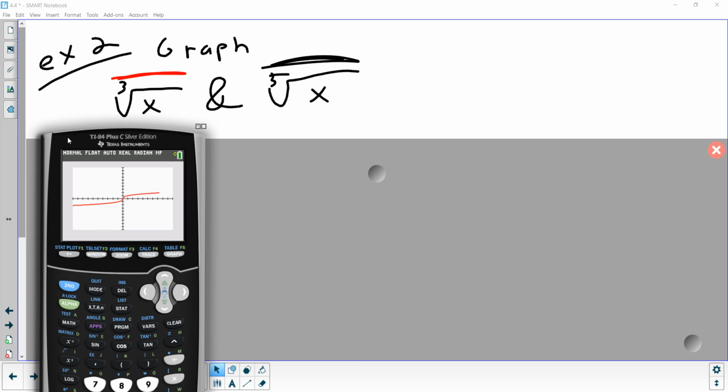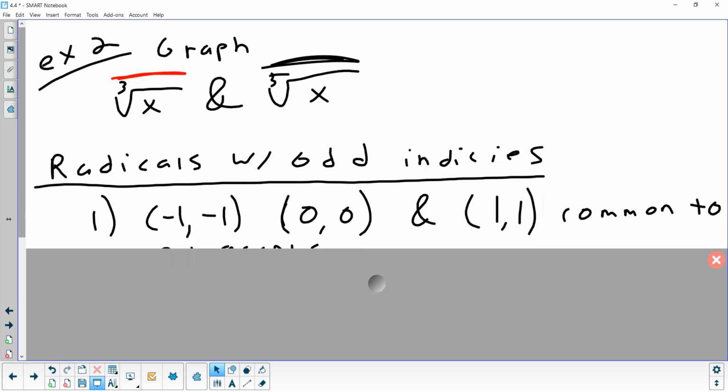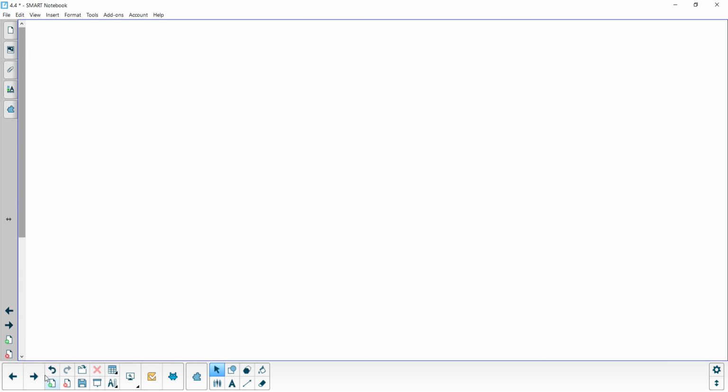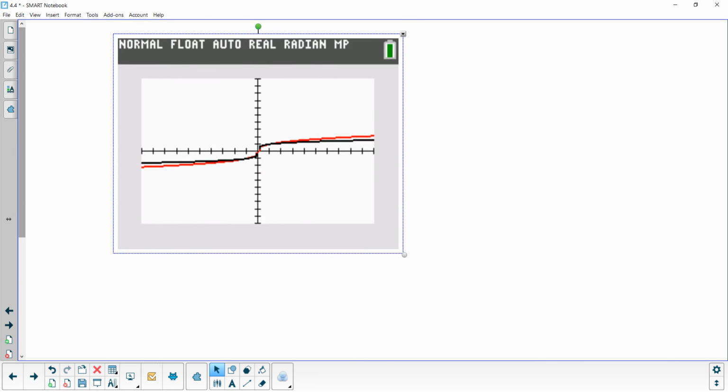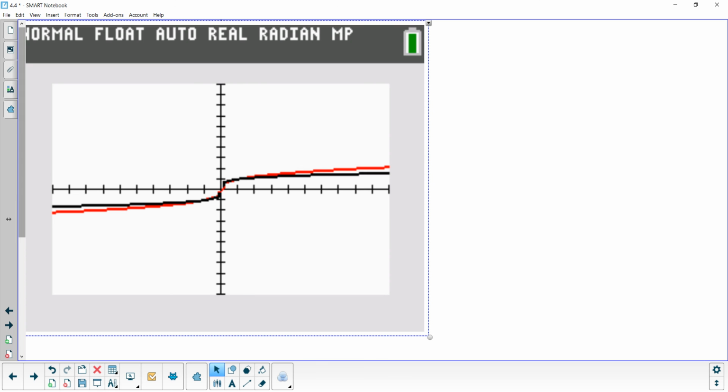You notice that odd roots have generally an S-shaped pattern. A little different. I definitely think we need to zoom in and see what's happening. Even if I make it bigger, you can't really see. I think what you can see is, at one point the black one is below, and at another point it's above.